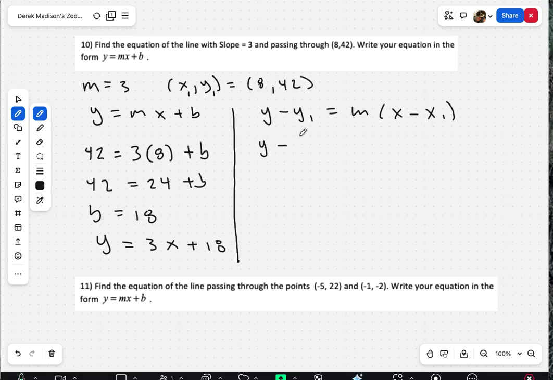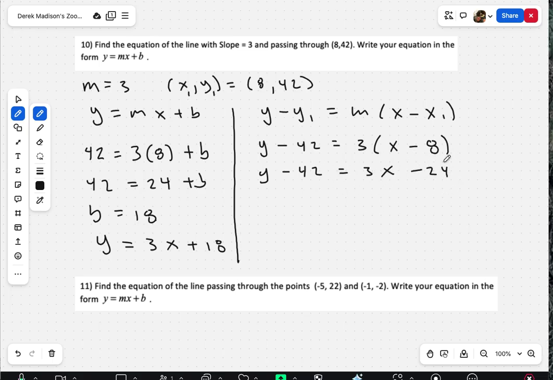So y minus 42 equals m, which is 3, times x minus 8. And so you can see this is going to end up being the exact same math as what I did over here. I just, when I solve it, I'll land on this answer rather than solving for b. So y minus 42 equals 3x minus 24.